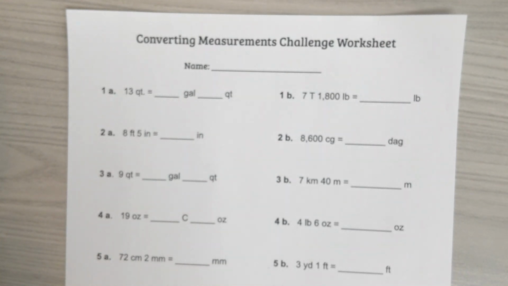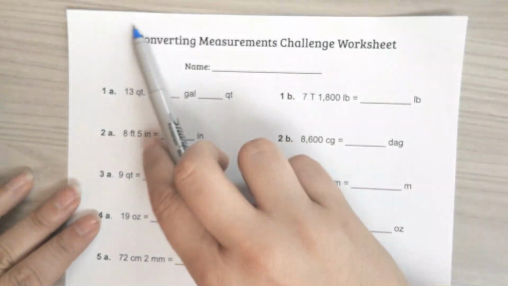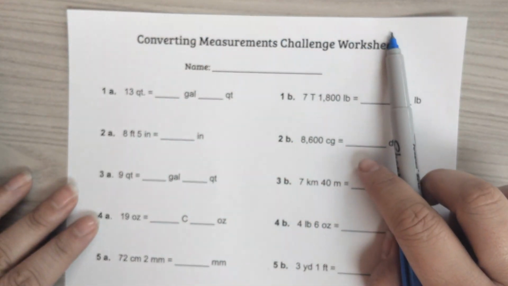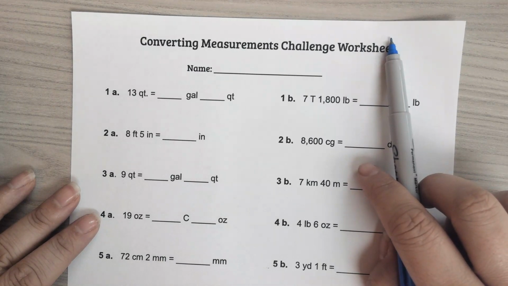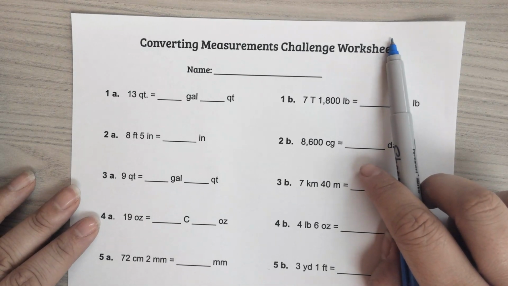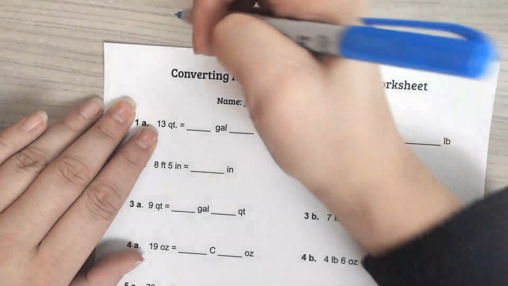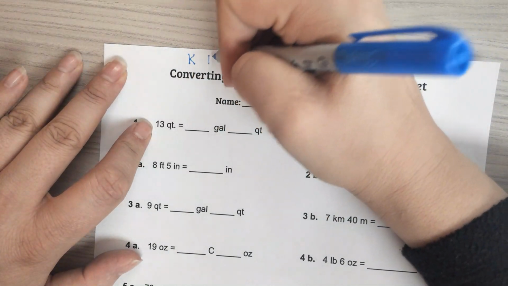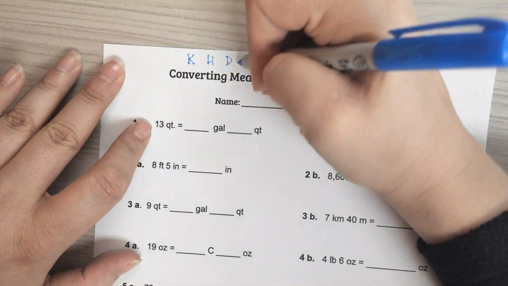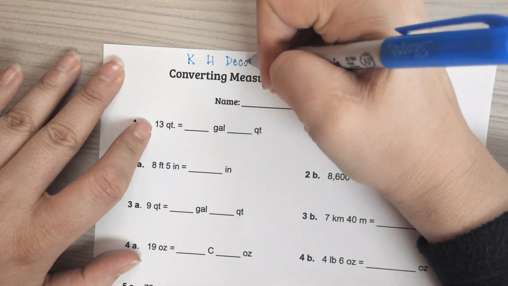The first thing I want to do is go ahead on the very top of this paper and write out the abbreviations for the prefixes for the metric system, because that is something I need to know. I'm going to say kilo, and I'm just going to do a K, hecto, deca, which I'm going to write out because it's really close to deci.